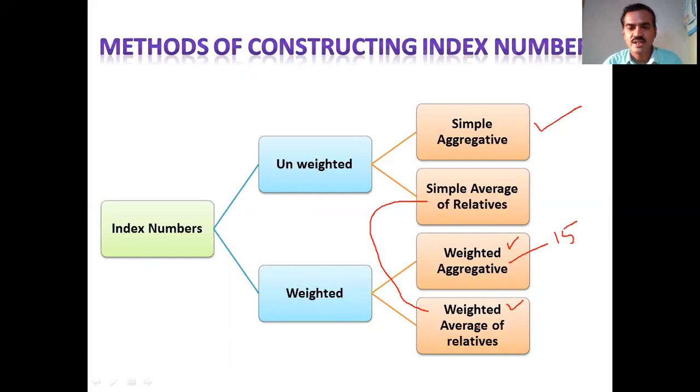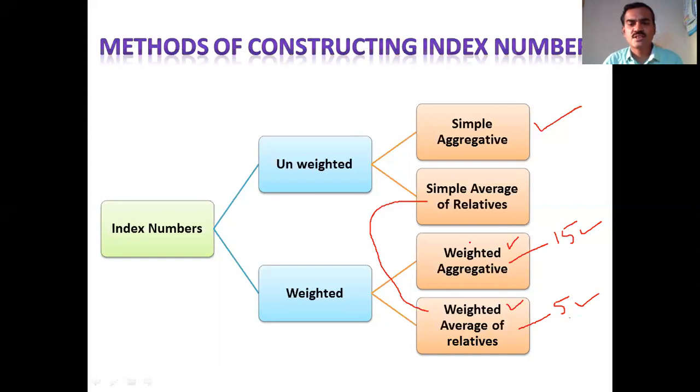And on the weighted average of relatives, wherein we calculate the consumer price index number, cost of living index number or retail price index number, there will be a 5 marks question in the examination. So we are going to give importance to solving both the 15 marks question and the 5 marks question in your examination.